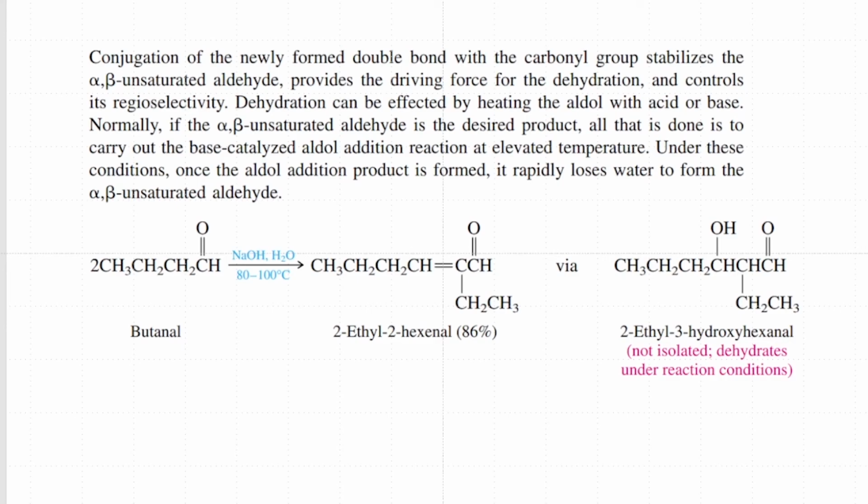So what invariably ends up happening is that the aldol product, once it's formed, rapidly loses water to form the alpha beta unsaturated aldehyde. You would need to use special reaction conditions to actually produce these hydroxy carbonyl compounds. Otherwise, normally the product that is formed is actually the 2-ethyl-2-hexenal.